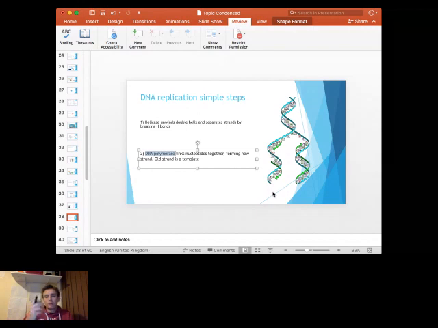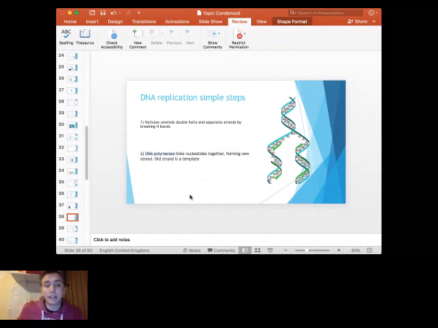The old strand is basically a template, because all the DNA polymerase does is take a nucleotide that's floating around in the cytoplasm and see, okay, here I have an A nucleotide on my template strand. A only fits with T, so it selects a T nucleotide from the cytoplasm, allows them to do complementary base pairing, and then forms a phosphodiester bond between the nucleotide that is right next to it.